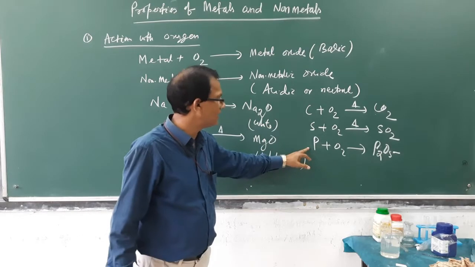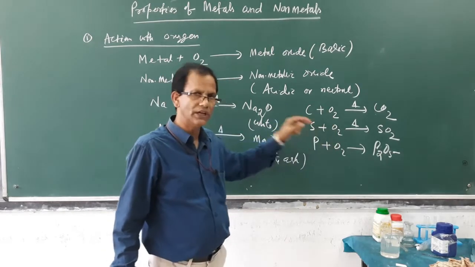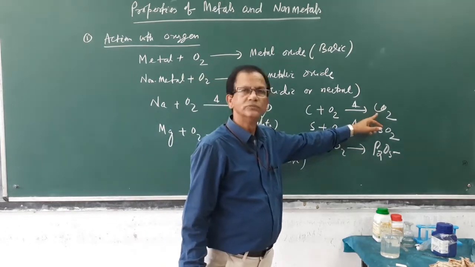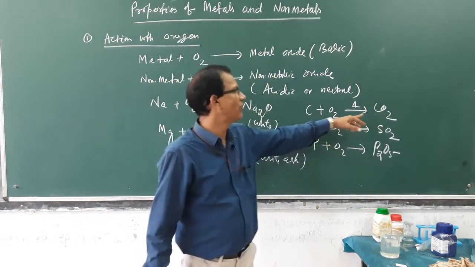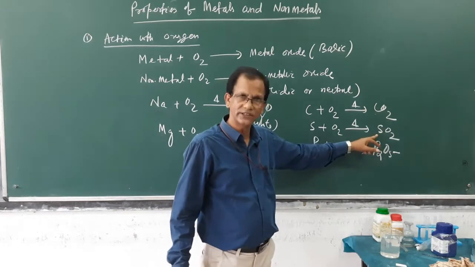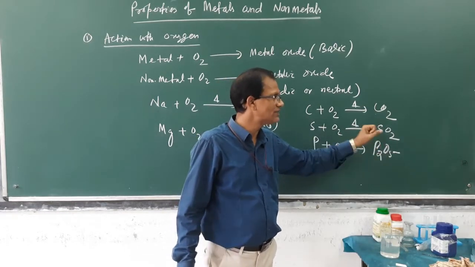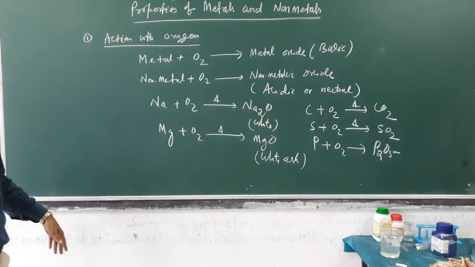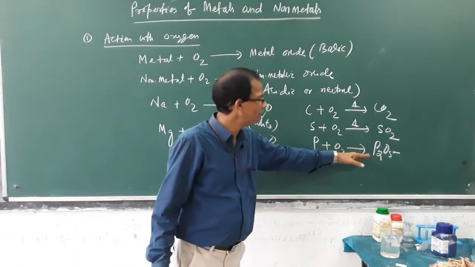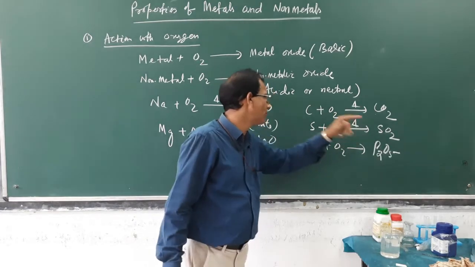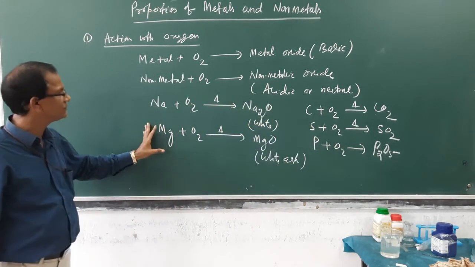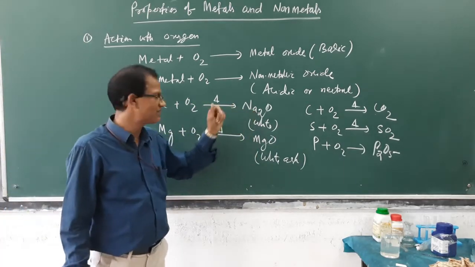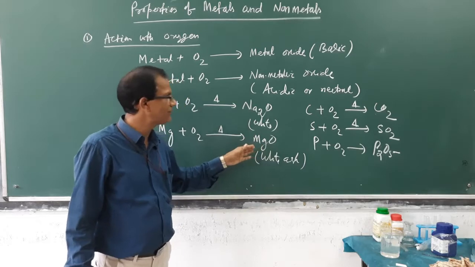These are the non-metals, and when they react with oxygen they form non-metallic oxides: carbon dioxide, sulfur dioxide, phosphorus pentoxide. These are the oxides of non-metals, and these are the oxides of metals, and these are basic. Sodium oxide is basic, magnesium oxide is basic.